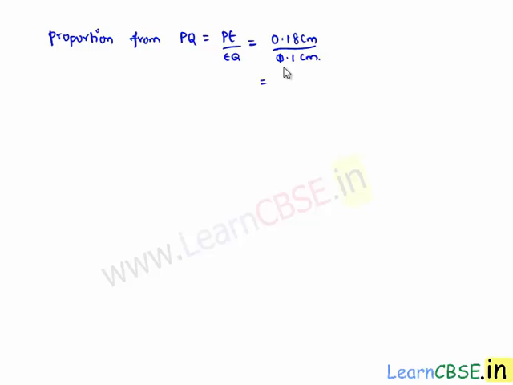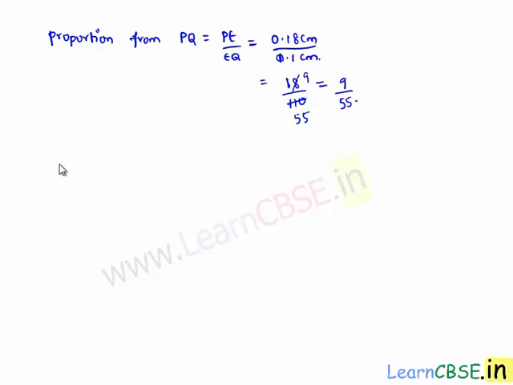Now let us multiply both numerator and denominator to convert it into simple ratio. Then this will be 18 by 110, which is equal to, here in 18 and 110, 2 is a common factor. So 2 goes in 18 9 times and 2 goes in 110 55 times, which is equal to 9 by 55 is the first proportion.